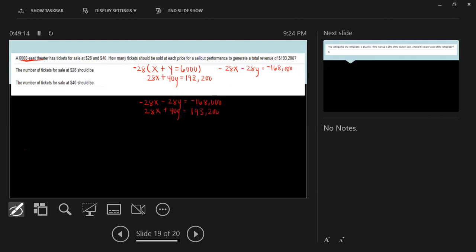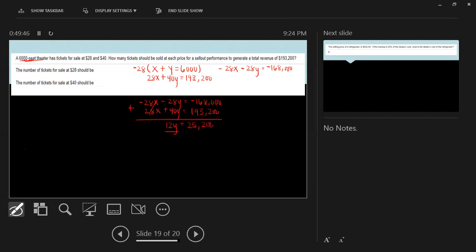All right, now I can add them together. So -28X plus 28X will cancel out. So -28Y plus 40Y, that would give you 12Y. And then when you do -168,000 plus 193,200, you get a positive 25,200.